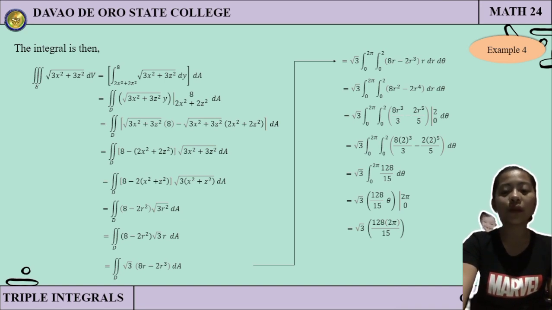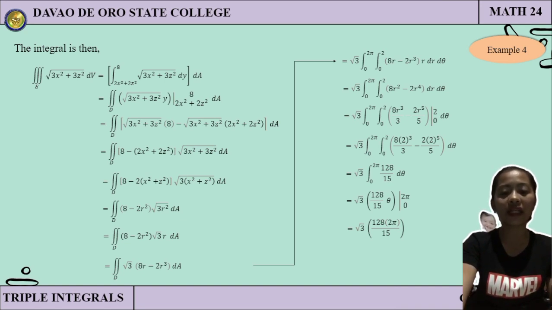Since we are using polar coordinates, our expression will become square root of 3, integral 0 to 2 pi, integral 0 to 2, of 8r minus 2r cubed, times r dr d theta. We are going to distribute r in 8r minus 2r cubed. Now we will have square root of 3, integral 0 to 2 pi, integral 0 to 2, of 8r squared minus 2r to the fourth dr d theta.